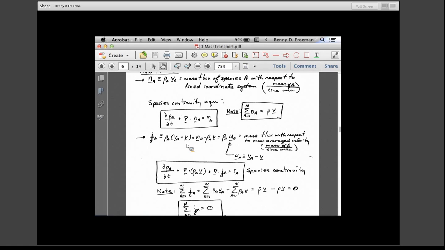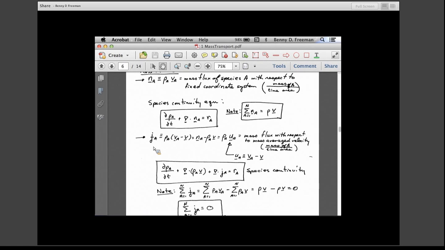And the motion of the dye above and beyond that you get from simple convective motion would be J sub A. And this we will often call the mass flux with respect to mass average velocity, or the diffusive flux. It is this flux, J sub A, that is related through Fick's law to the concentration gradients in the system.